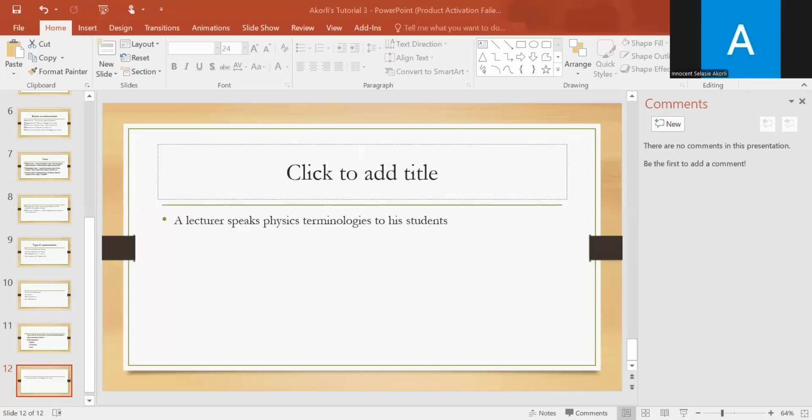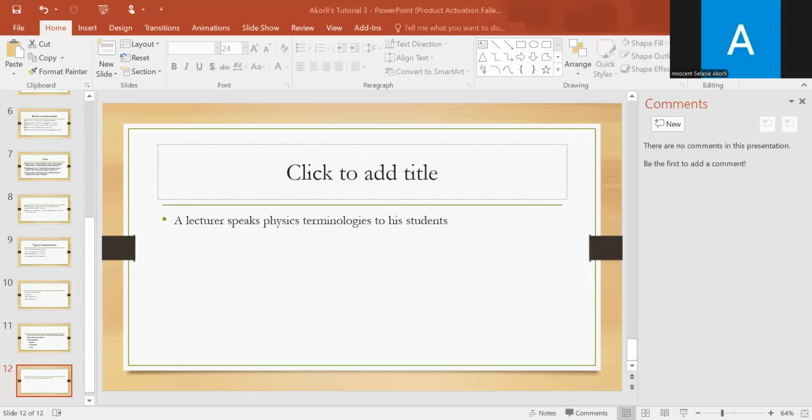Let's consider this case. A lecturer speaks physics terminologies to his students. There's communication ongoing, all right. Then he begins to use vocabulary which is beyond the understanding of the class. What type of noise is that? Is it physiological noise?